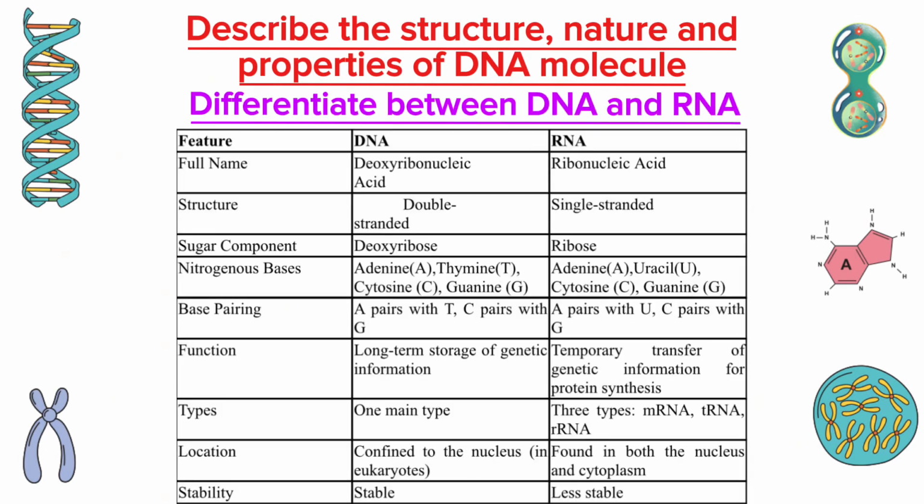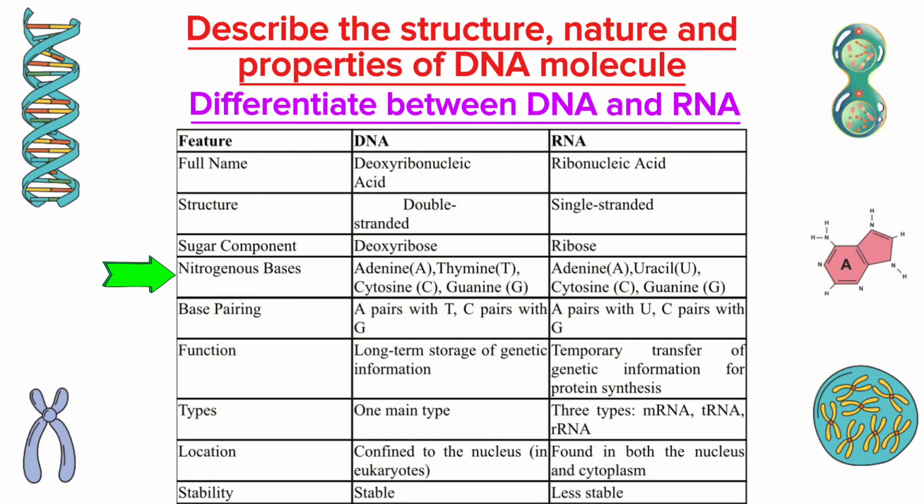So we have one column for feature, DNA and RNA. So we have full name for DNA is deoxyribonucleic acid, while RNA is ribonucleic acid. We have structure. DNA are double-stranded, RNA are single-stranded. Sugar component, DNA is deoxyribose while RNA is ribose.